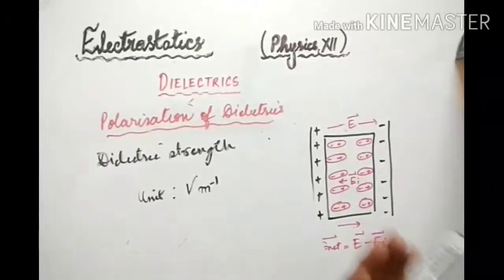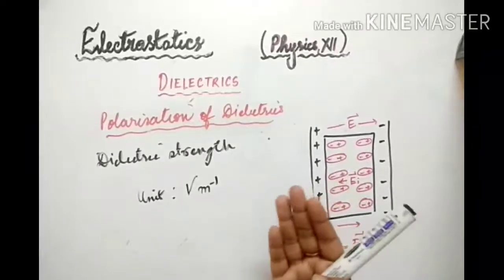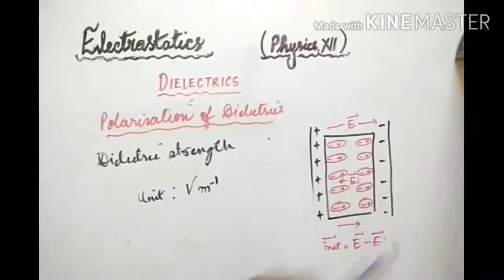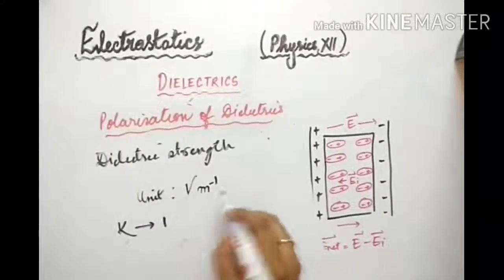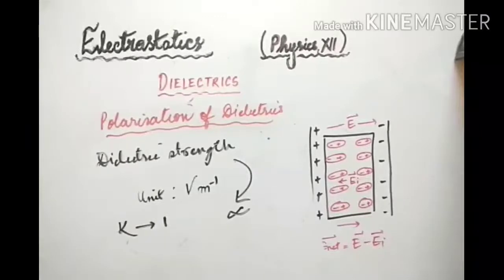Every material has a dielectric strength. For vacuum it is infinity, but the dielectric constant for vacuum is 1. Every material has a particular value of dielectric strength. For water the dielectric constant is 81.